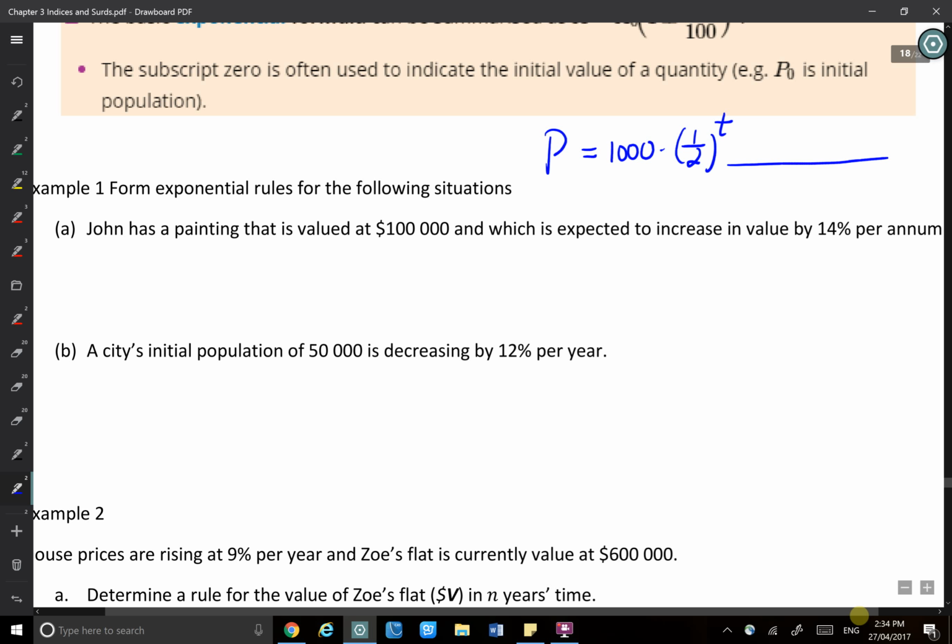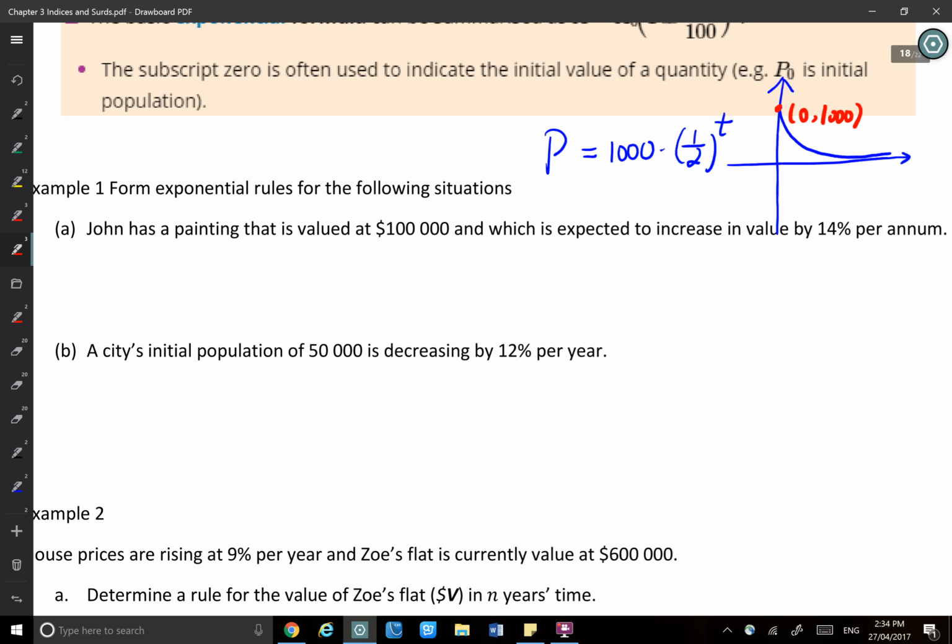So if you want to sketch the decay graph, the graph will look like that. You start from (0, 1,000) and go down. The population is going down. And the base will never be smaller than 0.